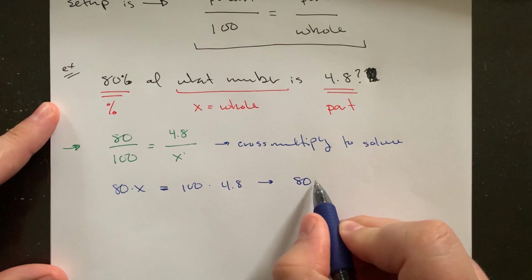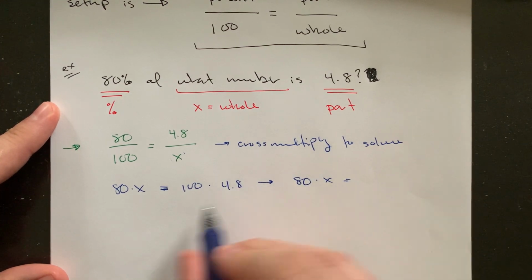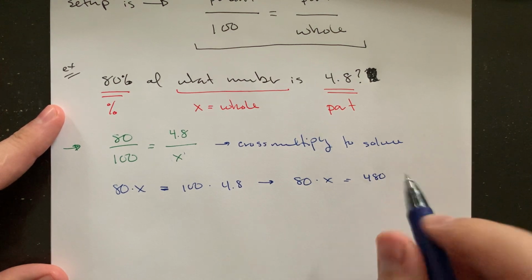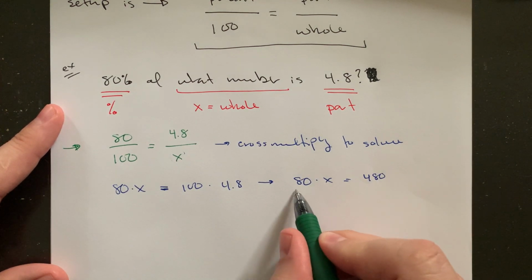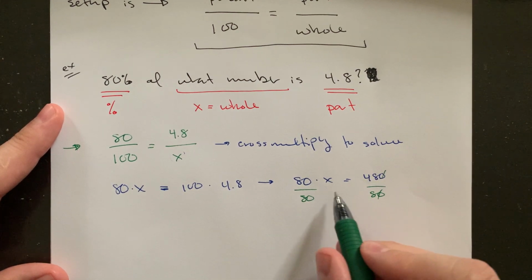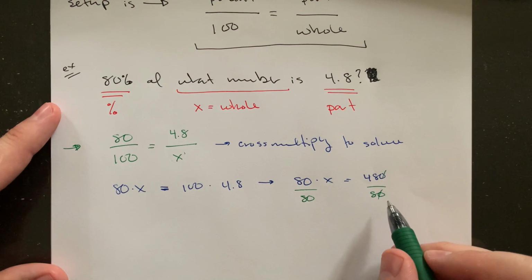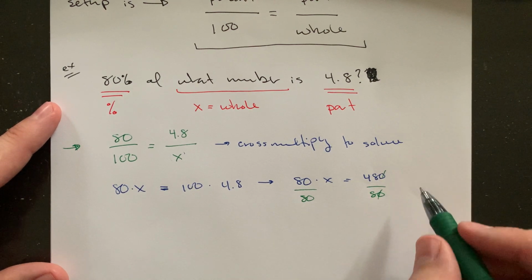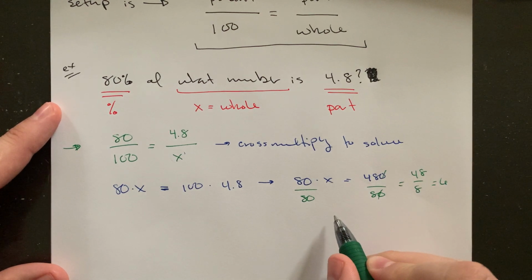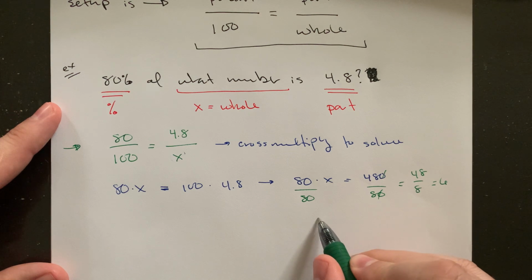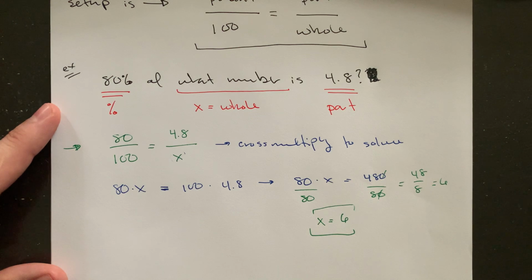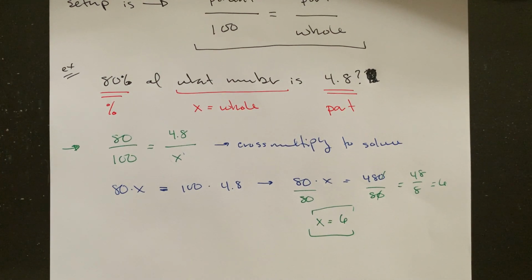So 80x is 100 times 4.8, which is 480. And then to get the x, you're just doing a quick division by 80. So x is 480 over 80, the zeros go, so this is really 48 over 8, which would be 6. So your whole value here, the missing value, your x, is going to be 6. And you're good to go.